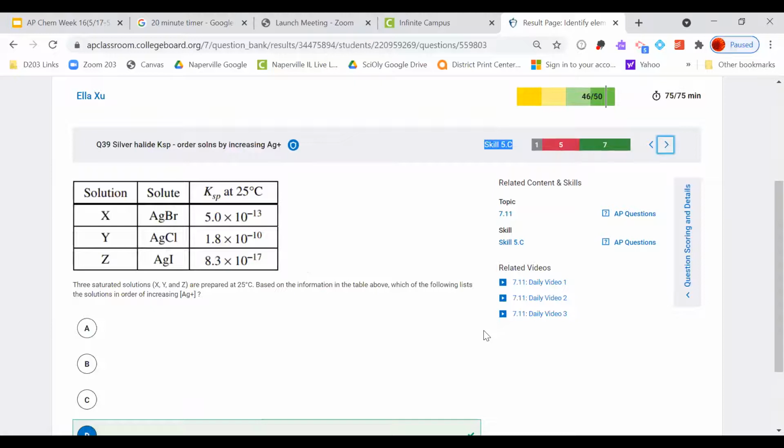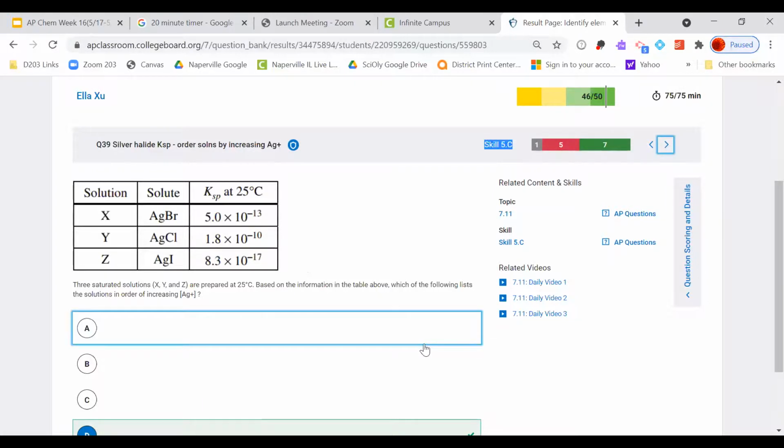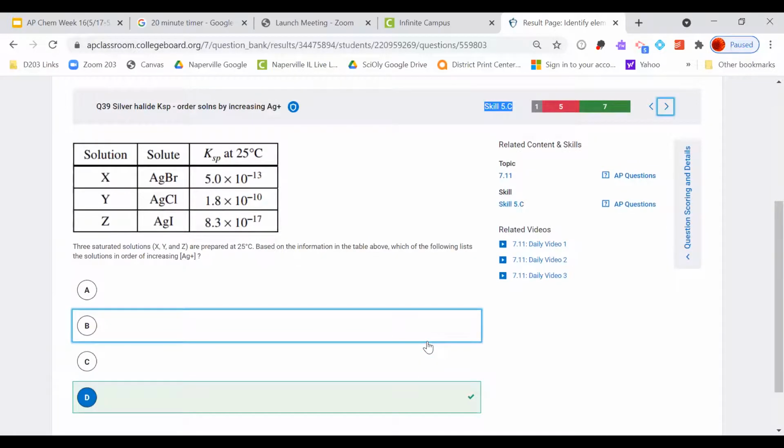Okay, so this one is a KSP one. So one that I maybe just described to you, so maybe it'll make a little bit more sense now. It says you have 3 saturated solutions of X, Y, and Z prepared at 25 degrees Celsius. Based on the information in the table above, which of the following lists the solutions in order of increasing Ag+? So when you look at those KSP values, which one has the highest number?